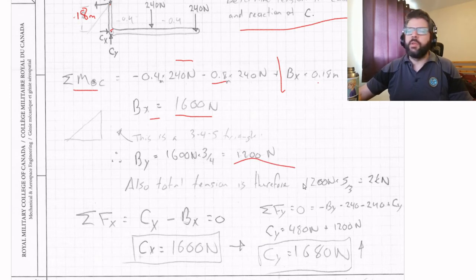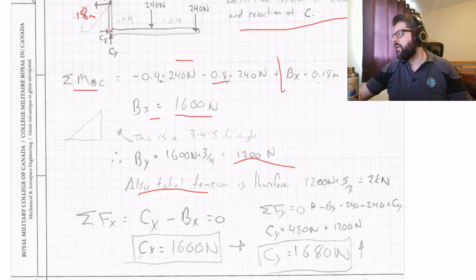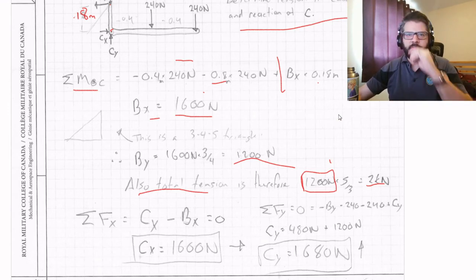So we can solve for By as 1.2 kilonewtons, which makes it relatively simple to solve for our total tension as well. We take that times 5/3 to give us 2 kilonewtons, or take that, square it, plus this squared, take the square root, and it ends up as 2 kilonewtons. That's the point of 3-4-5 triangles: they show up in problems a lot because Pythagoras' theorem gives you a nice round even number.